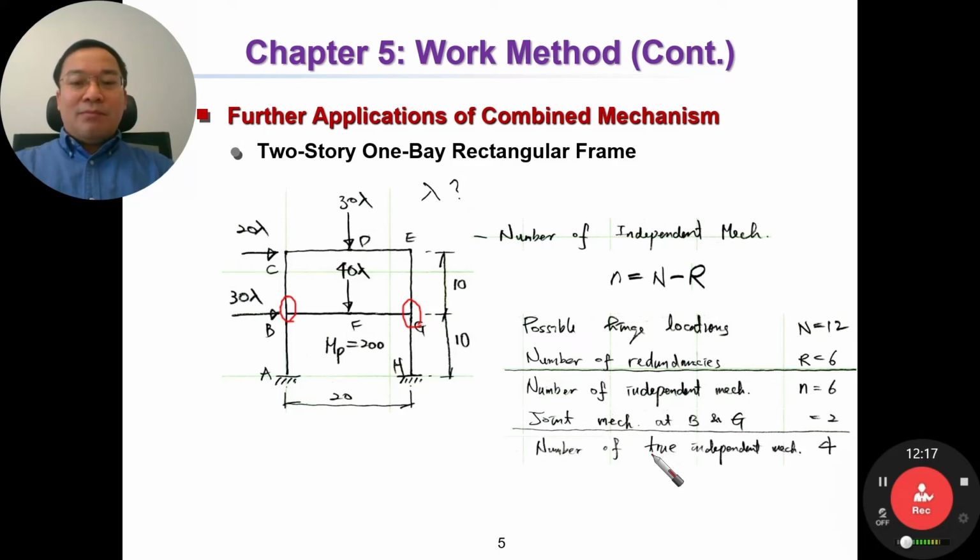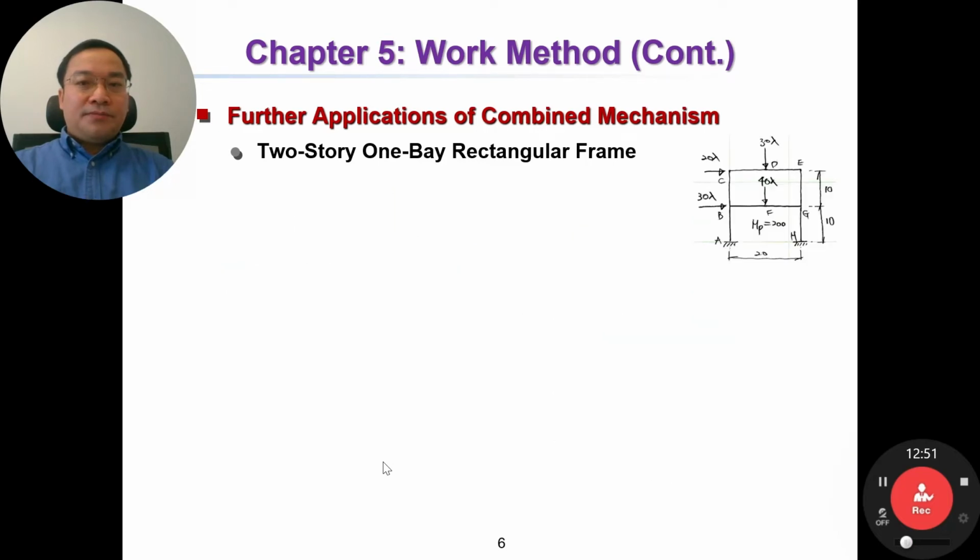Excluding the joint mechanisms at B and G, the number of independent mechanisms is 4. So the total is 6, but the independent mechanisms are 4 and the joint mechanisms are 2. So we have 4 independent mechanisms.